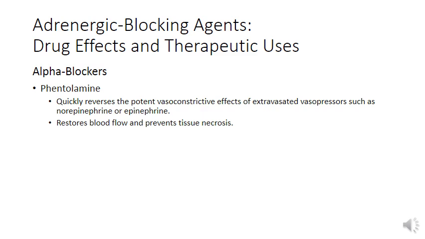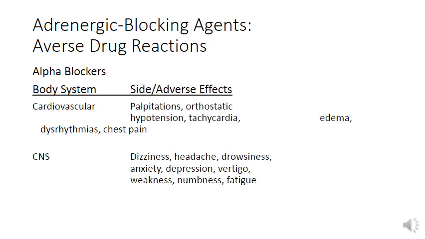Phentolamine is non-selective. It blocks both alpha 1 and alpha 2. The main effects are due to blockade of alpha 1 receptors. On the cardiovascular system, adverse drug reactions include palpitation, hypotension, tachycardia, edema, arrhythmia, and chest pain.